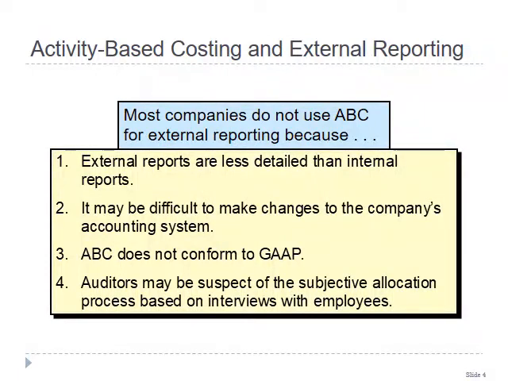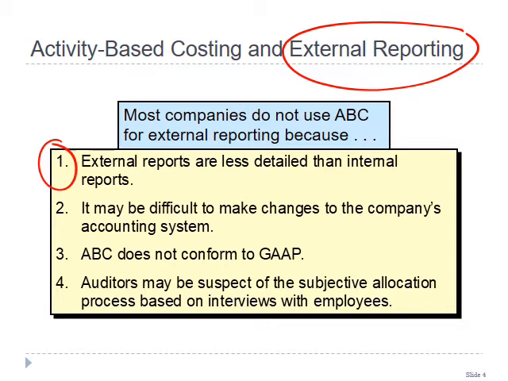And now the question arises why ABC costing is not used for external reporting, right? If ABC benefits are so great, then why is ABC not used by companies for external reporting? The first reason is that external reports are less detailed than internal reports.